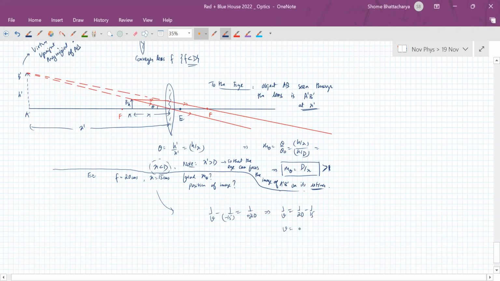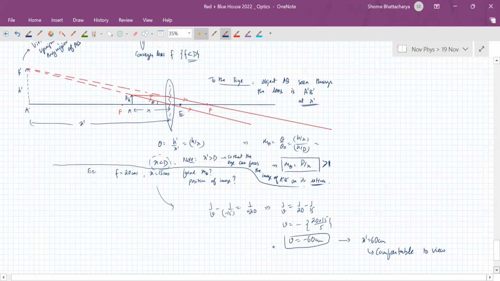So we'll get v as how much? Minus 60. So you can see that the eye is very comfortable in this case. x prime is 60 centimeters, so you can comfortably view it and focus on the retina.